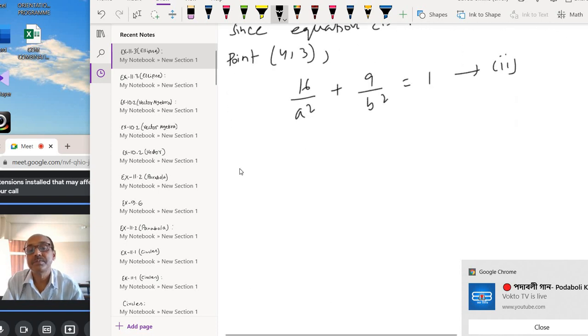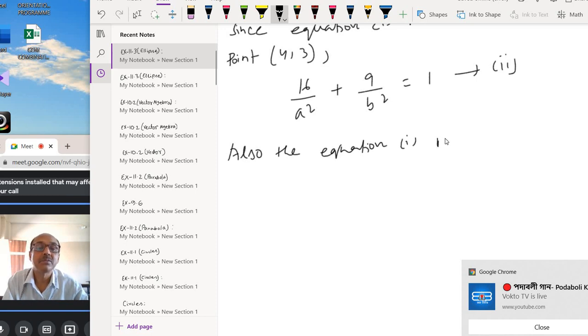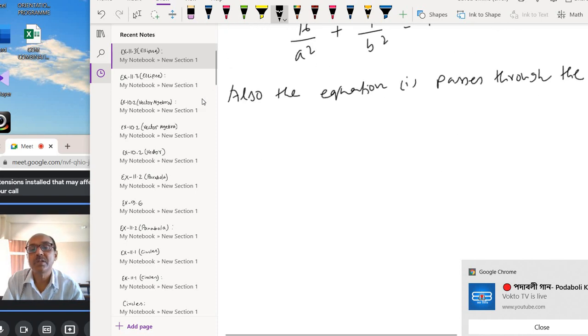Also the ellipse, that is equation 1, passes through another point 6, 2.